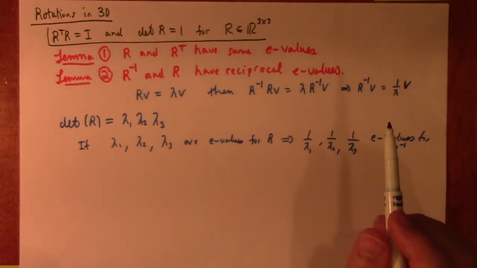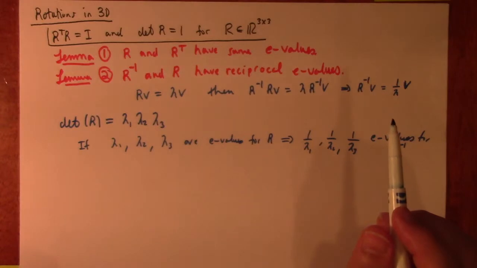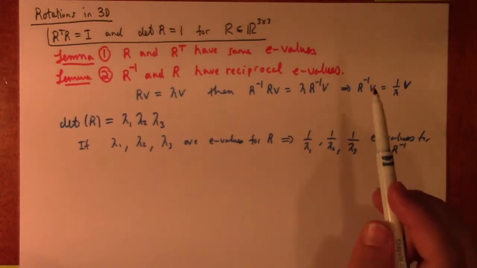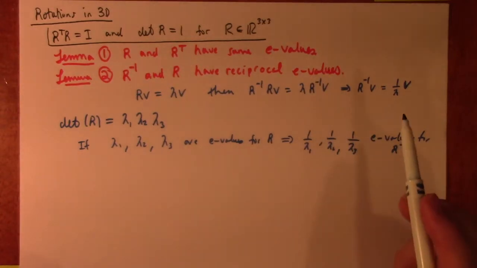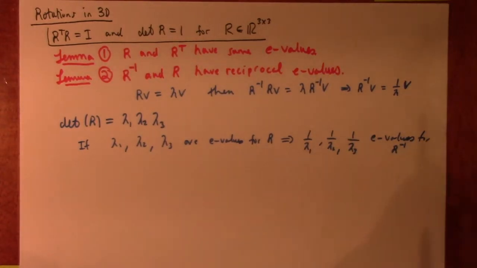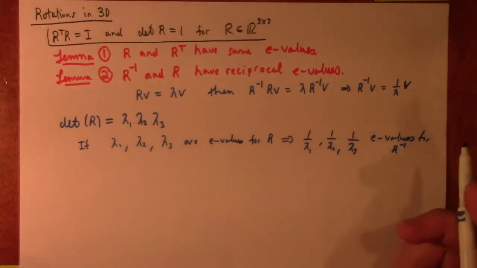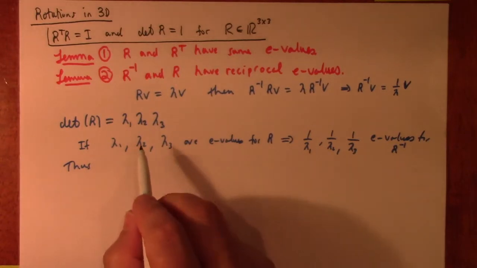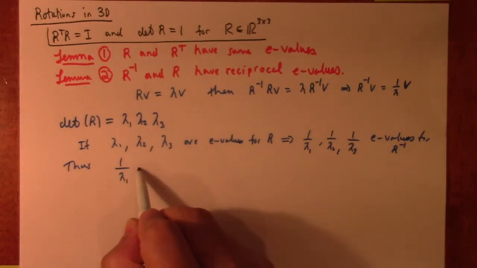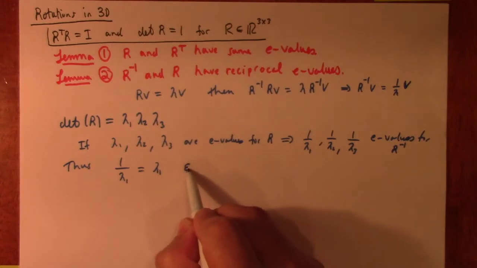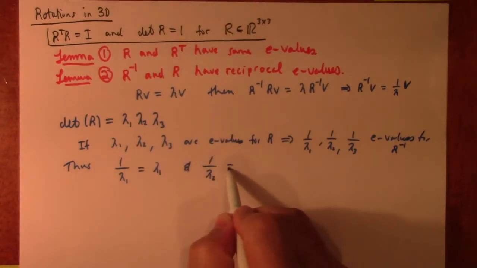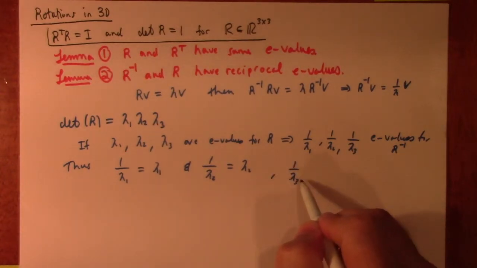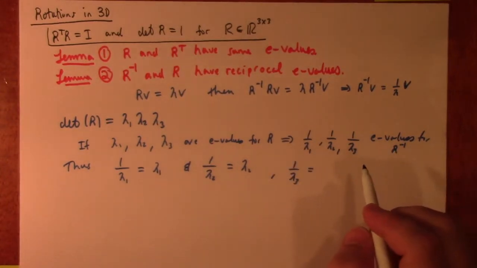And so what I argue then is, without loss of generality, by lemmas 1 and 2, you can label them any way. So thus 1 over lambda 1 is equal to lambda 1. 1 over lambda 2 is equal to lambda 2. 1 over lambda 3 is equal to lambda 3.